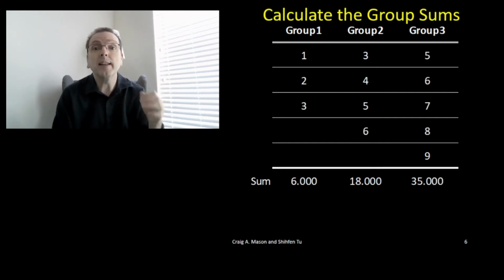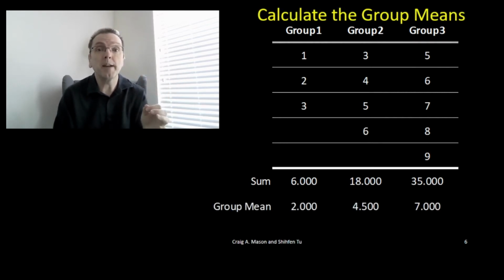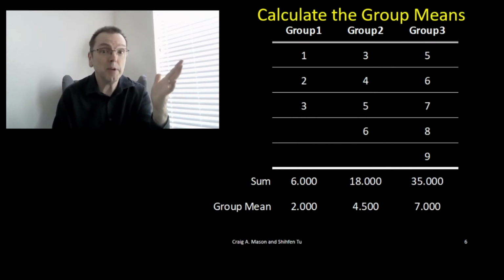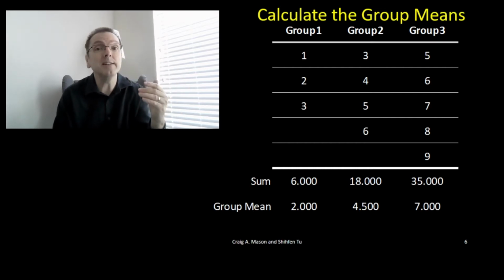We then calculate the means for each group by dividing each of those sums by its respective n. So the mean for group 1 is 6 divided by 3, or 2, and the mean for group 2 is 18 divided by 4, or 4.5. And the mean for group 3 is 35 divided by 5, which gives us 7.